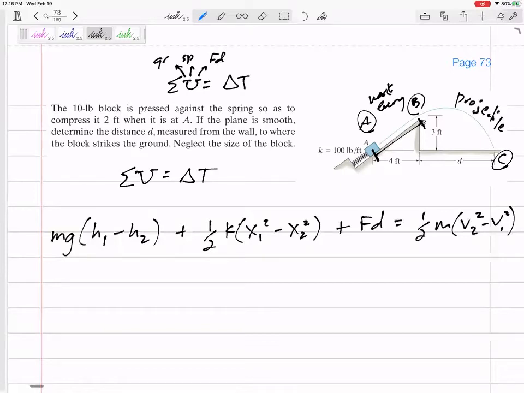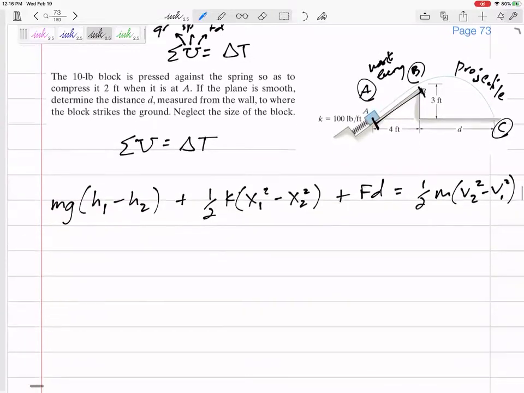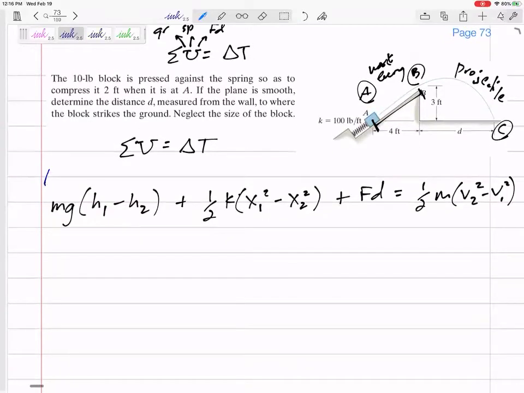Maybe I'll go back to what we did for projectiles to find that. Okay, so from A to B, we're going to do work energy, and we're going to find the final velocity of that section, which will be the initial velocity of my projectile.